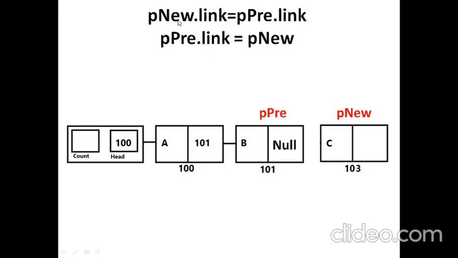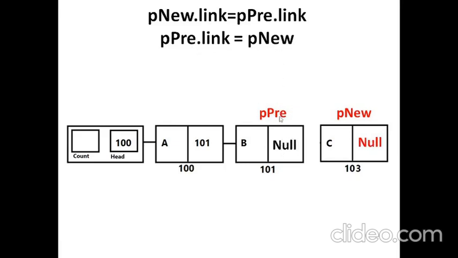So what does the first line say? pnew.link equal to ppre.link. What is pnew.link? This field is currently empty, which is to be assigned the value of ppre.link. In fact, it is null. So null will be copied into this field. Step 1.